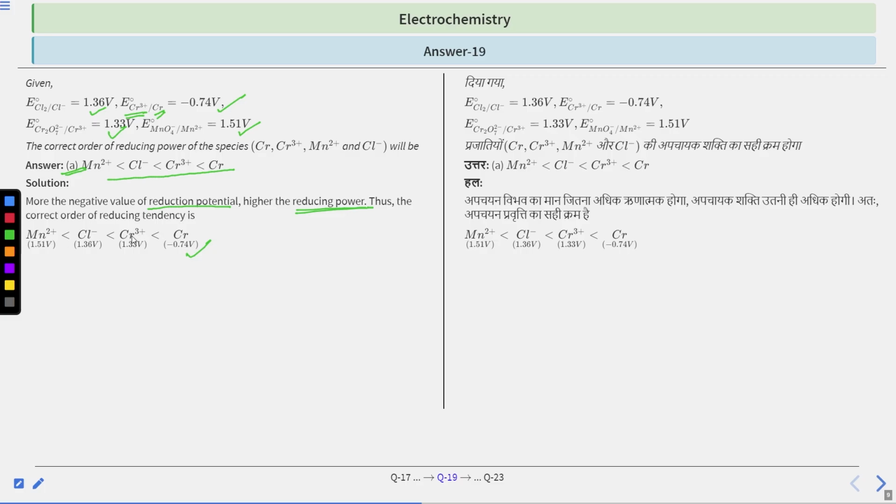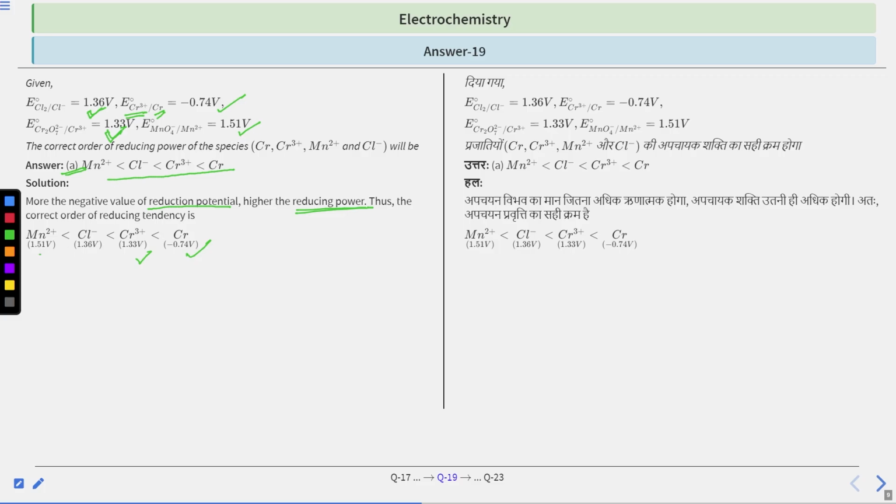So chromium, then Cr3 positive, because in the order, first comes Cr3 positive, 1.33 volt. Then after that comes 1.36, and then after that the highest E naught value, reduction potential value, is for Mn2 positive, and hence the lowest will be the reducing power for the Mn2 positive.